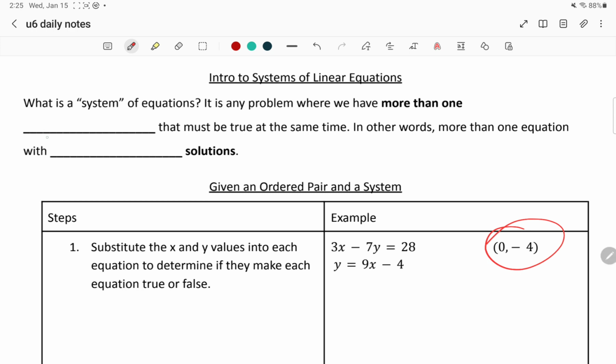And because it's a group, we have more than one equation that must be true at the same time. In other words, more than one equation with the same solutions. In our case, most of the time, it's going to be x and y. Okay?